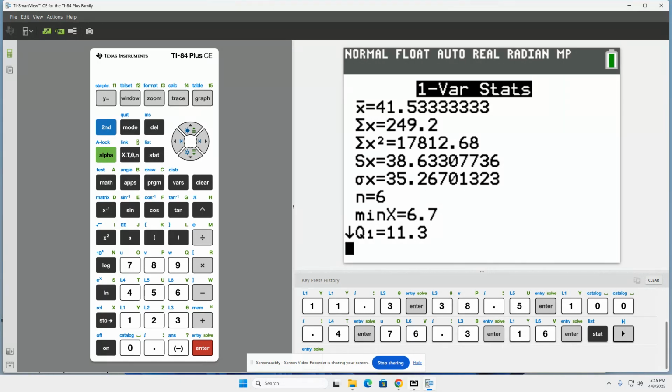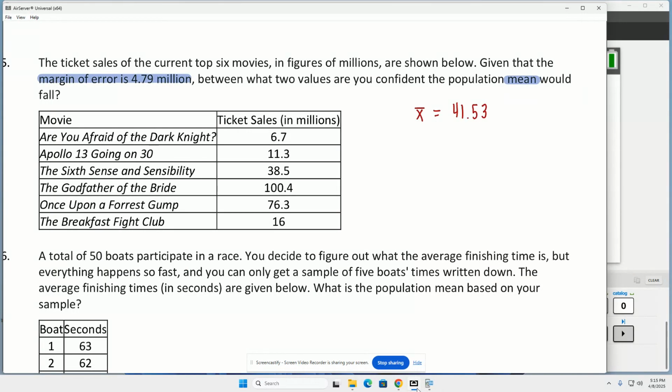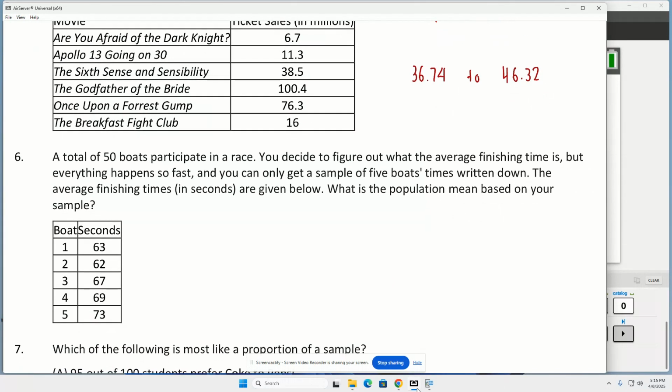So let's go back out to the paper, because now you're going to get your calculator and you're going to take this margin of error and you're going to add it and subtract it to your X bar. So here we go. 41.53 minus 4.79 is 36.74. And then we're going to add it. So 41.53 plus 4.79 is 46.32. All right?